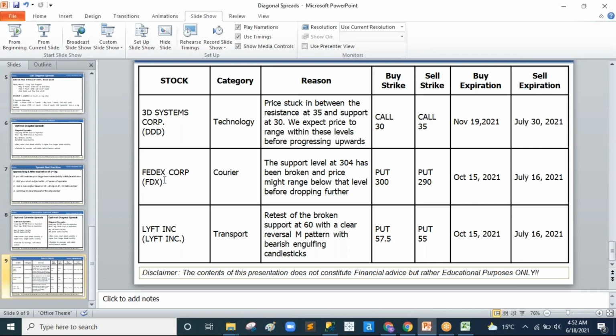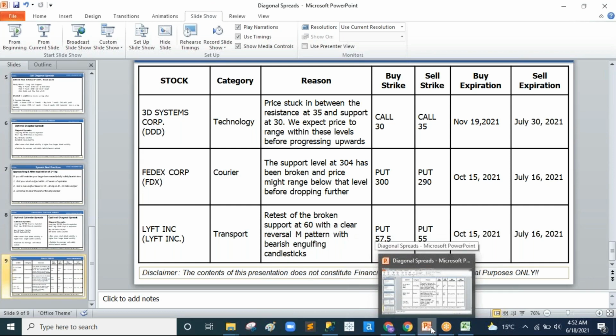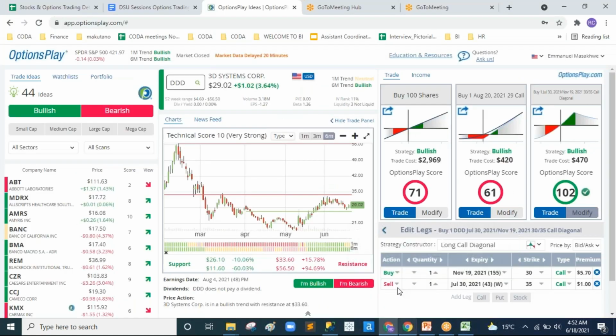Then let's look at the FDX Corporation, the operation now. So this is the FDX.